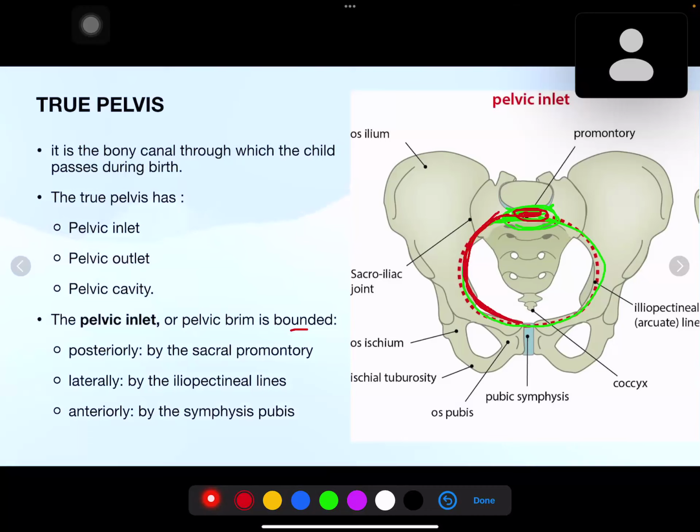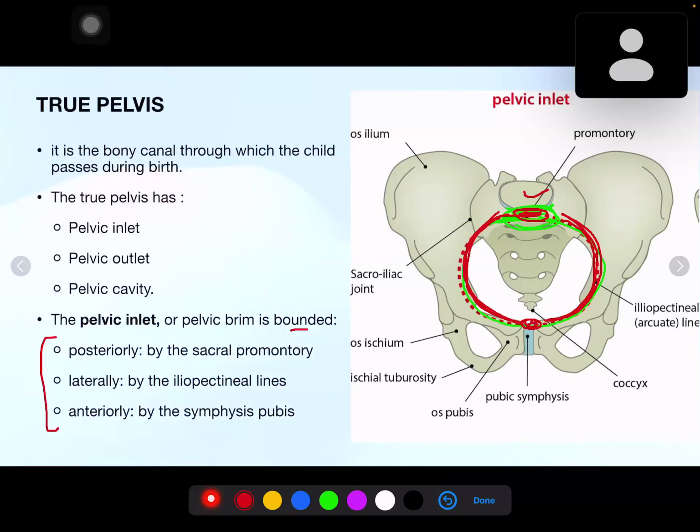We discussed it previously; this line is very important. On both sides these are the iliopectineal lines, and anteriorly would be the symphysis pubis. So these are the three boundaries of the pelvic inlet, and this is a very, very important exam question. They can ask what is the posterior boundary of the pelvic inlet, and you can just remember this figure and select the sacral promontory.